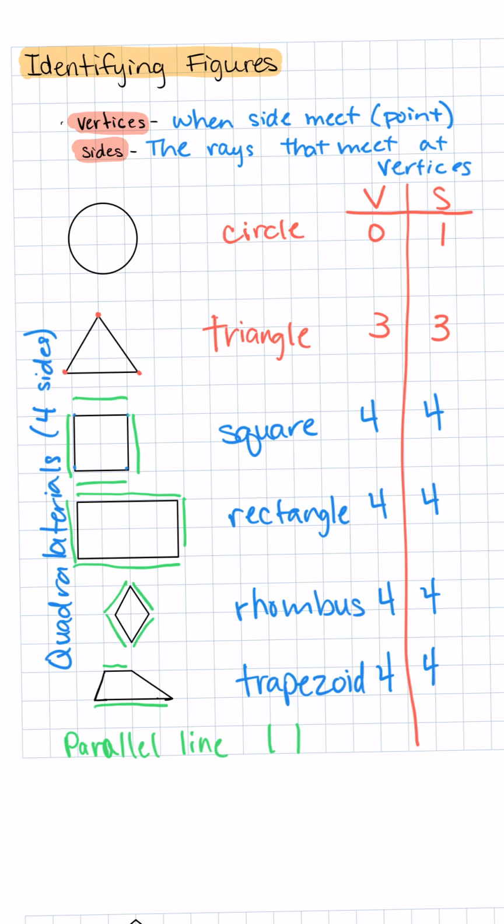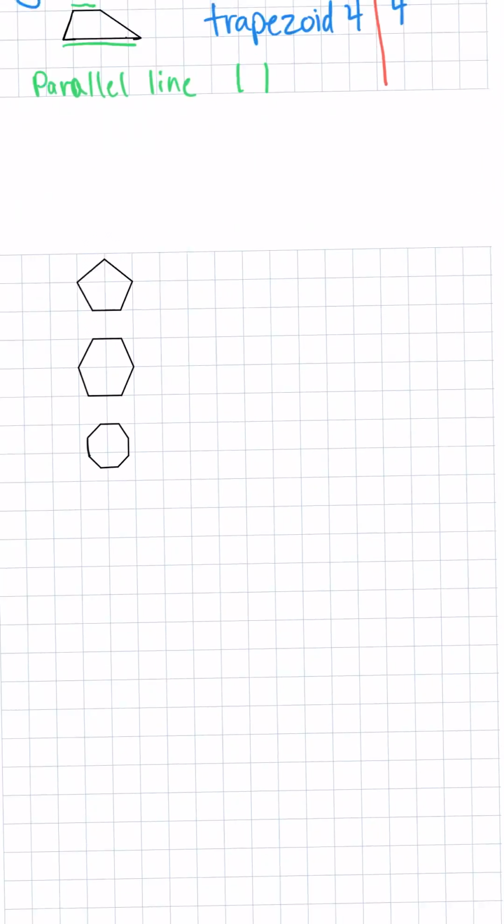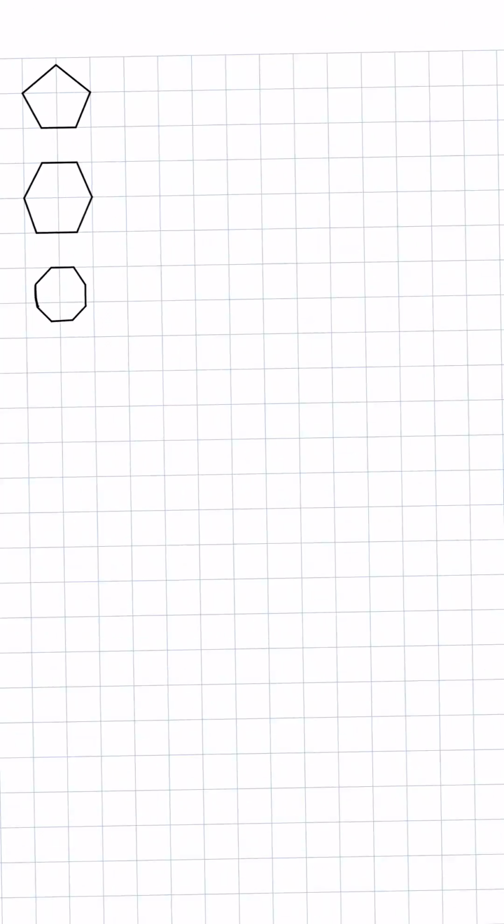Okay, so the first 3, squares, rectangles, and rhombus, those could be considered parallelograms. Okay, so let's move on to these shapes.